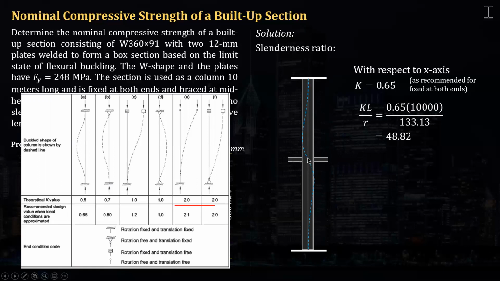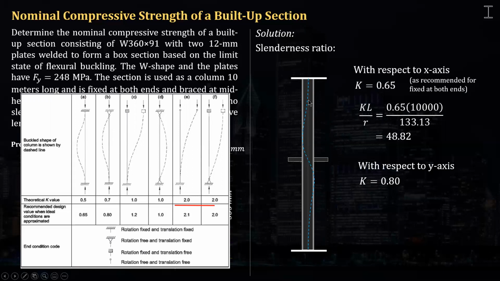Because it's free to rotate here. It's not constrained from rotation. Here, it's constrained from rotation. So, theoretically, the K that we must use is the same as for fixed and pin. So that's supposedly 0.7, but since we're asked to use the recommended design value of K, then we're gonna use K equal to 0.8.